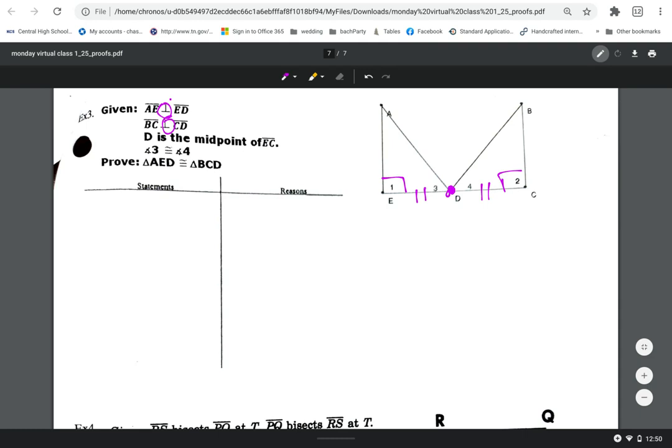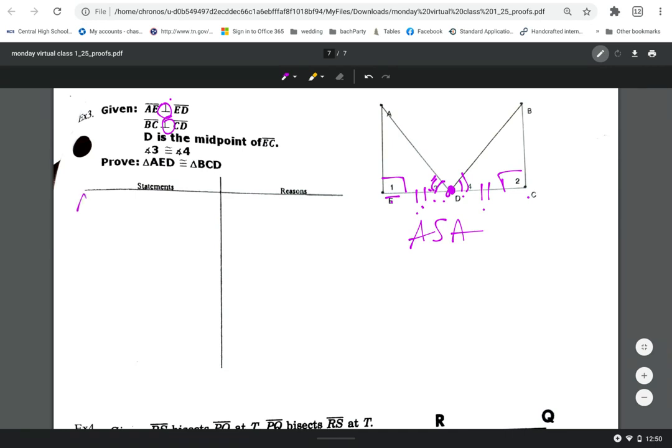And then angle 3 is congruent to angle 4. All right, so right now I've got 3 congruent parts, 2 angles and 1 side. All right, so right now it's angle, side, angle. All right, so this one's a little trickier.